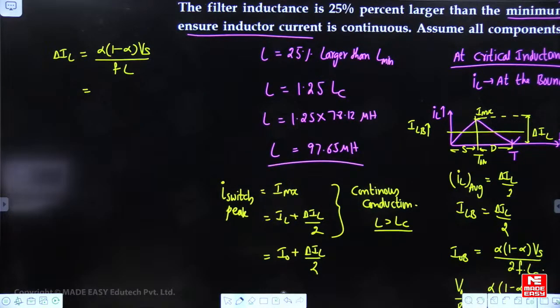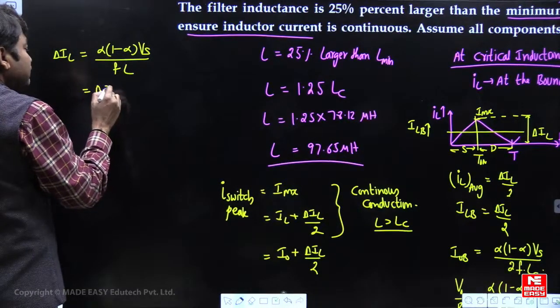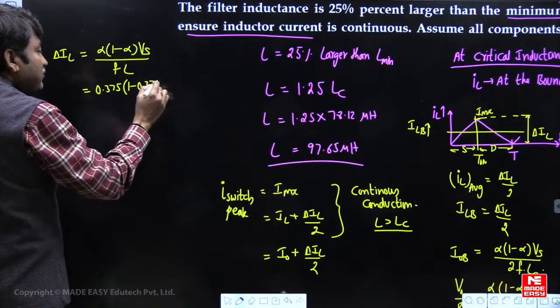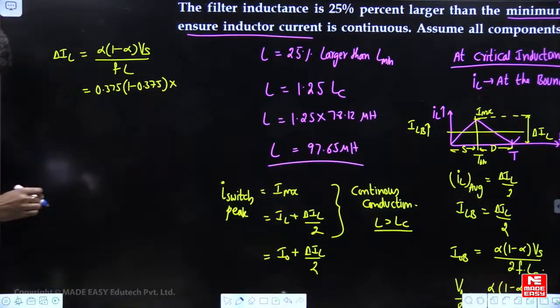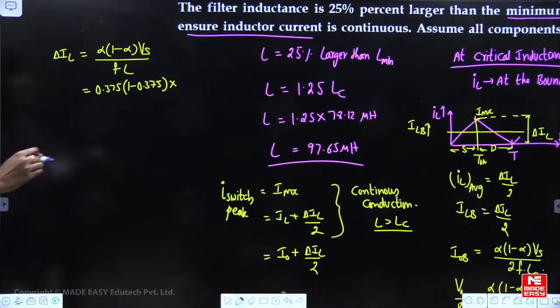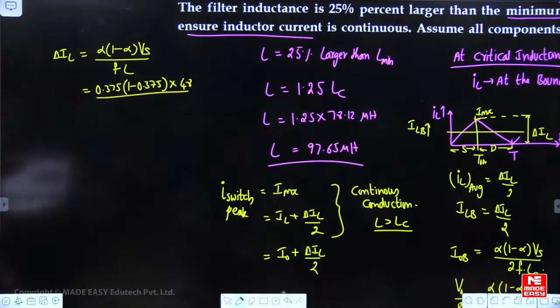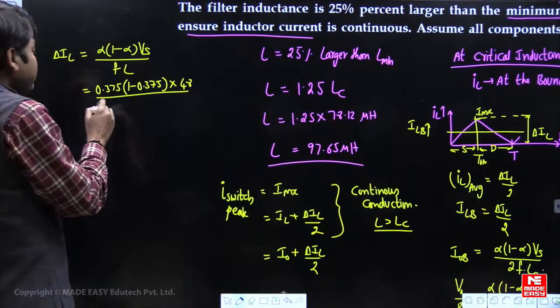What is the value of delta L? 0.375 into 1 minus 0.375 into 48 volts, the supply, by the frequency. Frequency is how much? 40 kilohertz, so 40 into 10 power 3.